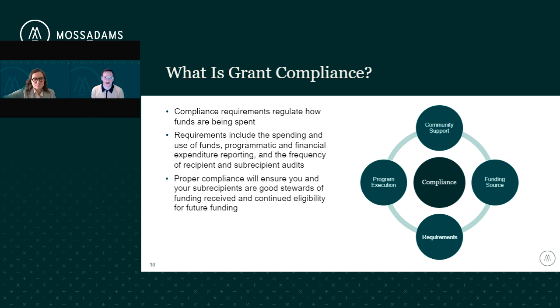So the key components of grant compliance are the community support, funding source, the requirements, and then the execution of the program. Requirements may include the spending and use of funds, maybe some programmatic elements such as objectives or milestones that need to be met, maybe a number of people served, or a certain level of impact that's measured, frequency of recipient and subrecipient monitoring or audits.